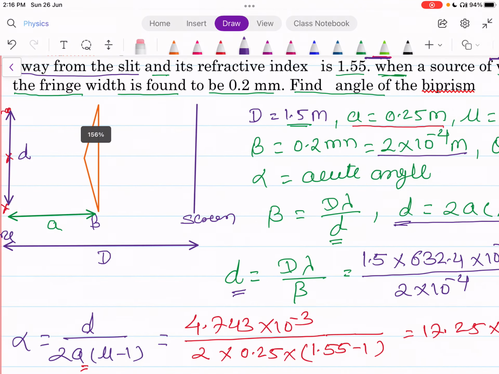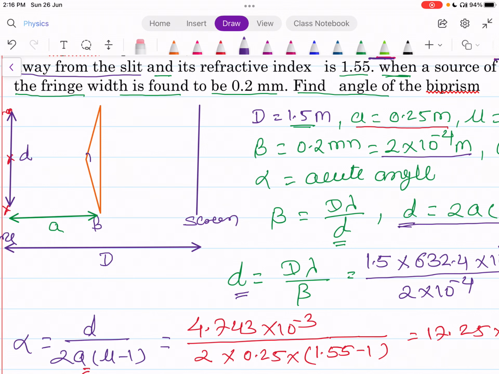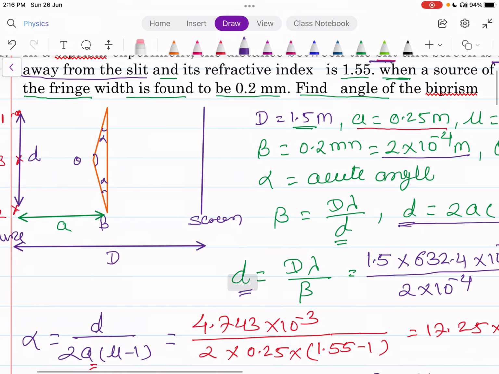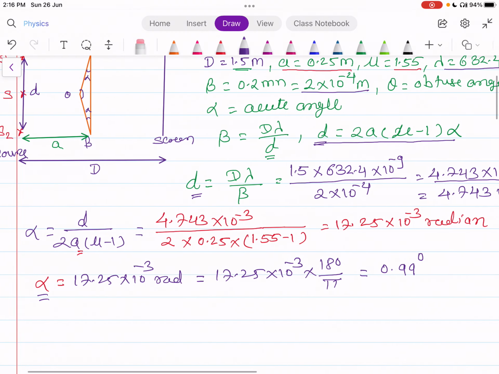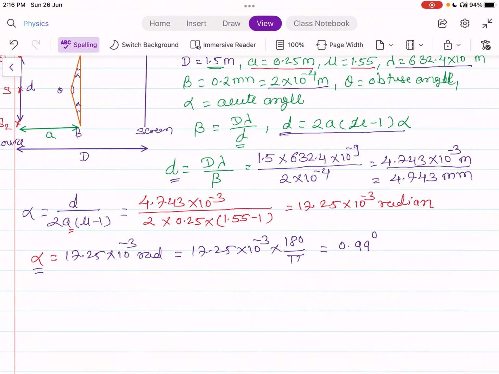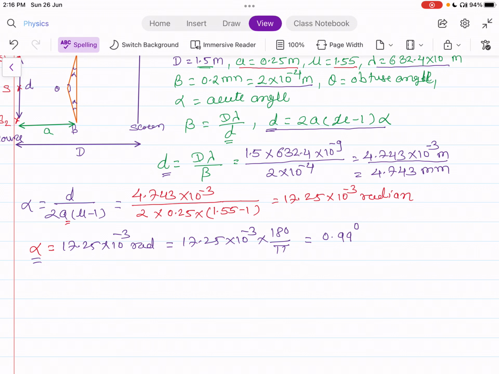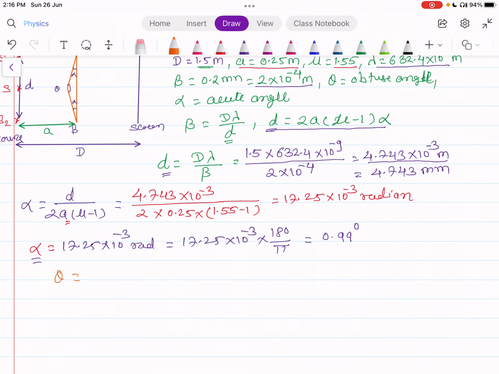In the biprism, as you know, this is the obtuse angle theta, and these two angles are alpha. This is alpha, this is alpha. So the obtuse angle theta is equal to 180 degree minus 2 alpha, that is 180 degree.